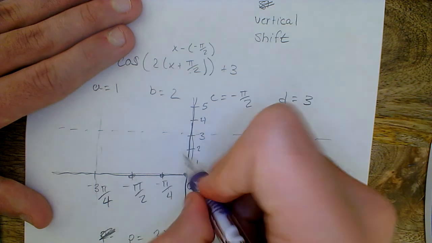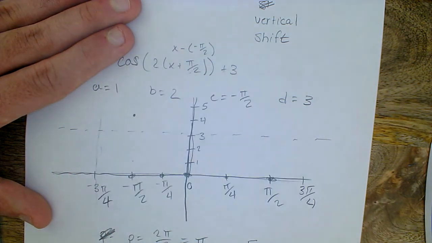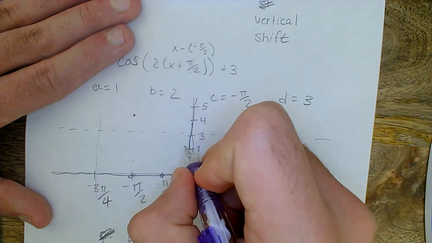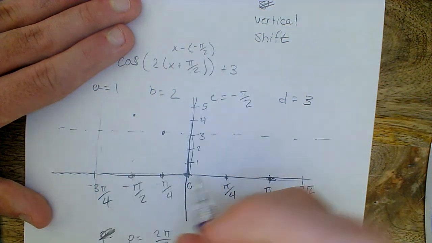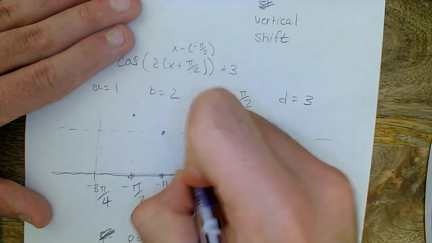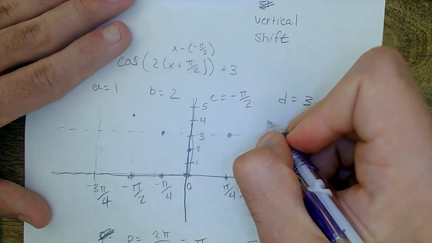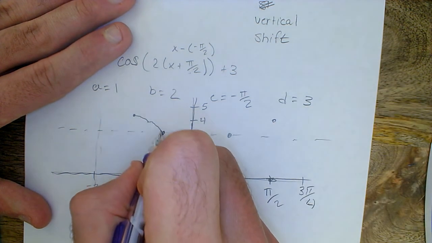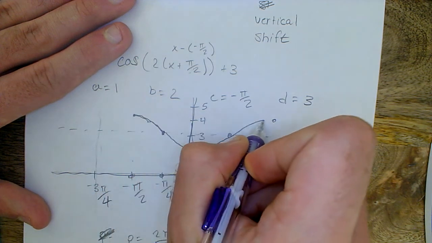Then at pi over 2, it's not going to start at 1, it's actually going to start at 4. Then at pi over 4, where it usually would come down to 0, instead it's going to be 3 because 0 plus 3 is 3. Then it comes down to 2, back up to 3, and then back up to 4. Since it's a cosine graph, it takes this shape here.